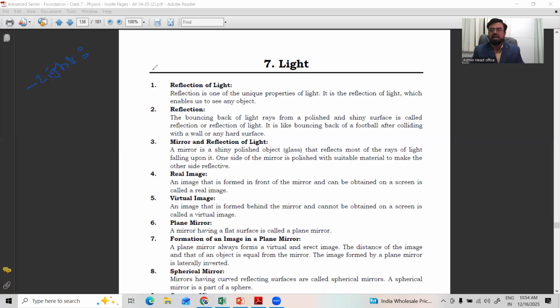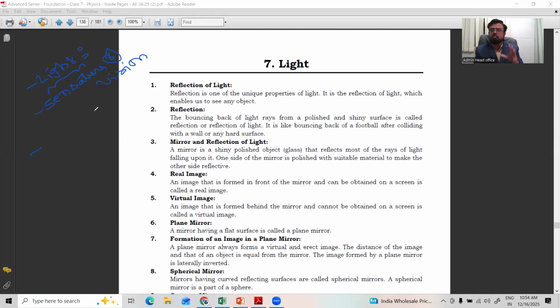Light is a form of energy which makes the object visible for us, or which creates the sensation of vision by falling on the retina. Whenever light falls on the retina only, we are able to see the object, right?